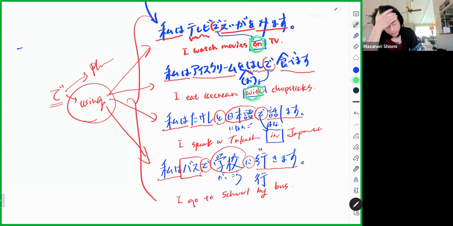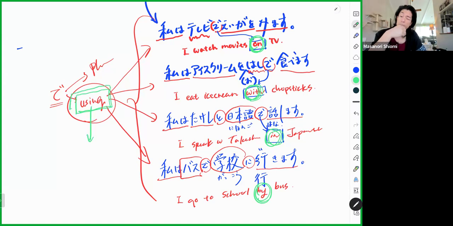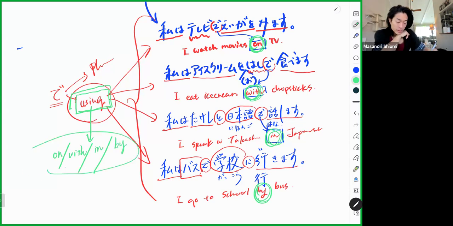Third one, I speak with Takeshi in Japanese. Last one, I go to school by bus. So you can tell that just the second function of the particle can be, in natural translation, translated as on, with, in, by, right? There's too many. So that's why I don't recommend you to just memorize it this way.